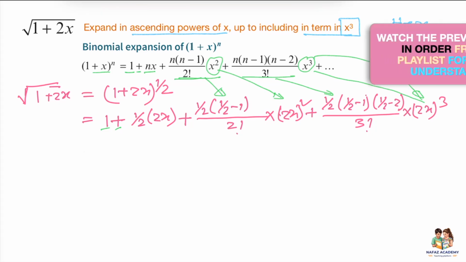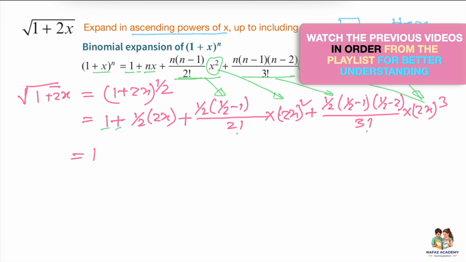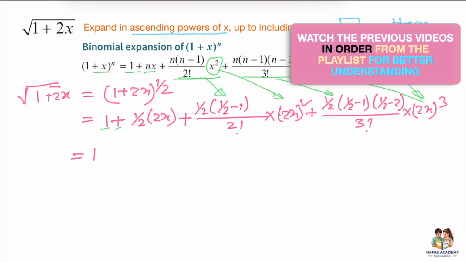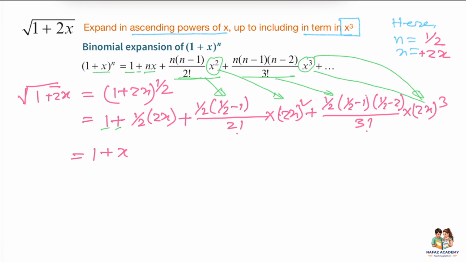At first write the binomial expansion rules, and simply substitute, then you will get the answer. 1 plus x minus half x squared plus, I'm using the calculator, half x cube. So this is the expansion up to x to the power cube as the question wanted.